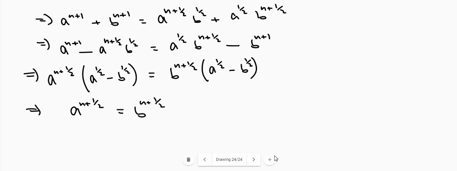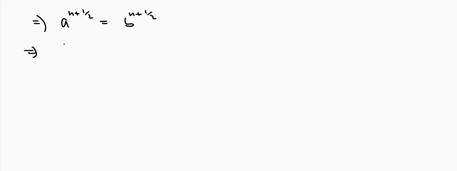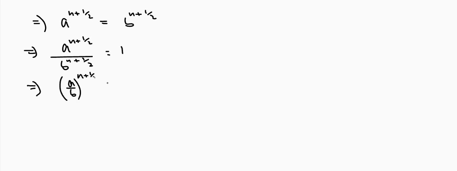The next step will be a raised to n plus half equals b raised to n plus 1 by 2. That implies a raised to n plus 1 by 2 by b raised to n plus 1 by 2 is equal to 1. We can write (a by b) whole raised to n plus 1 by 2 equals 1.